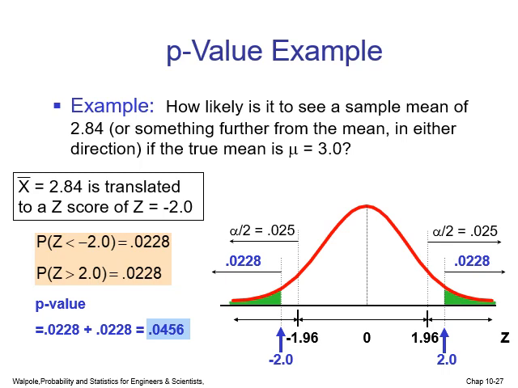So the p-value will be 0.0228 plus 0.0228, which will be 0.0456.